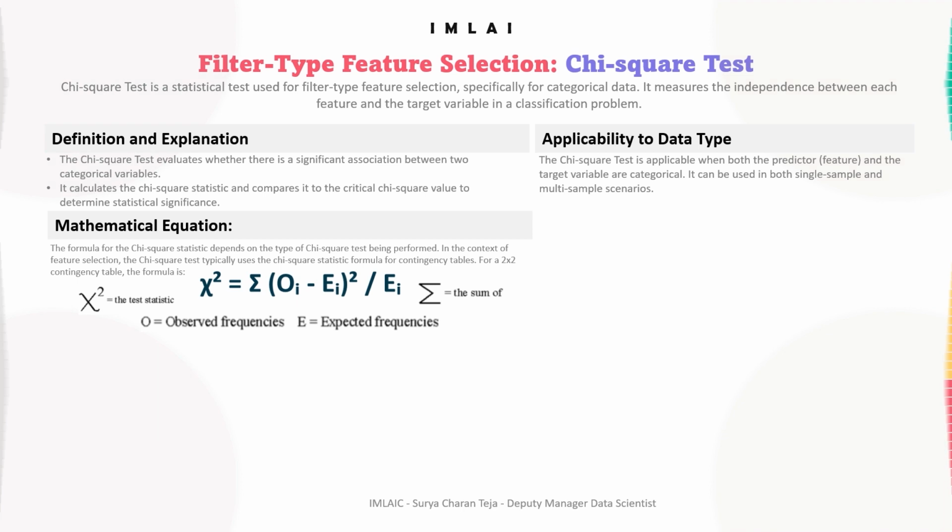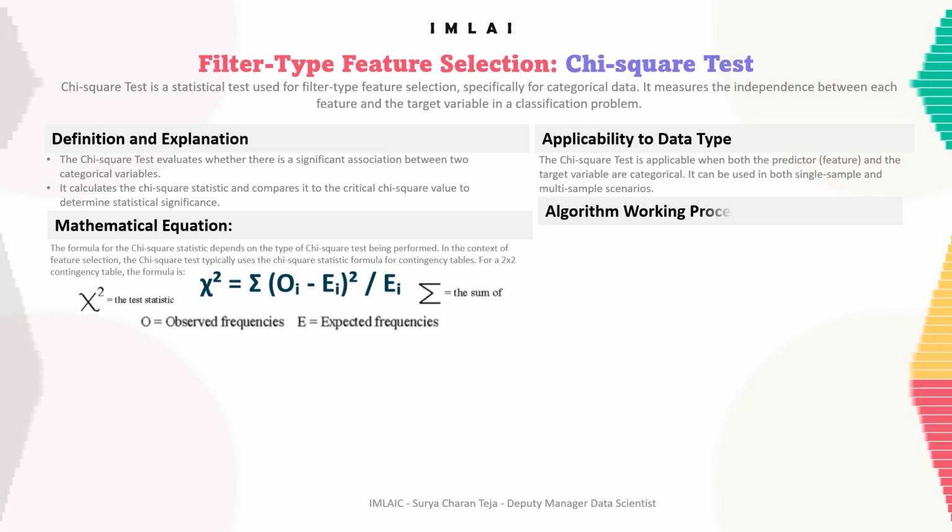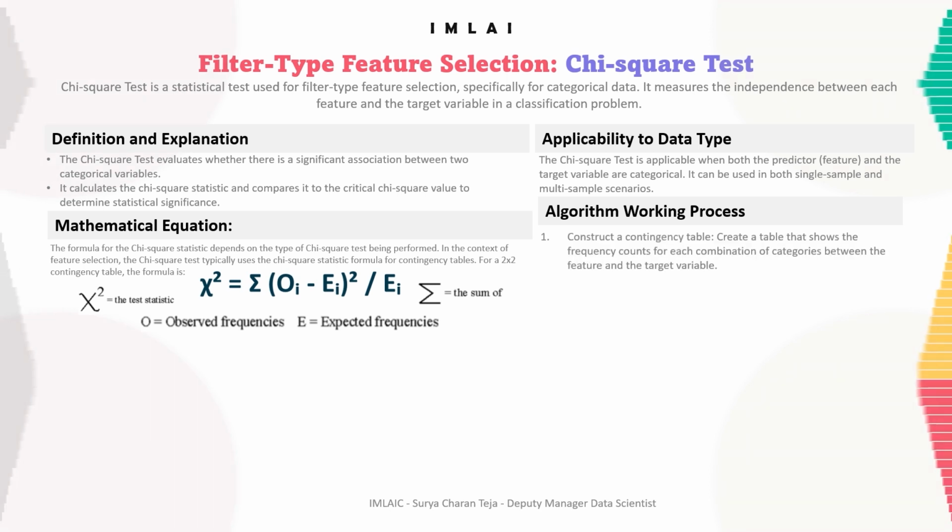Okay, now let's look into the working procedure of the algorithm. First, construct a contingency table, a table that shows the frequency counts for each combination of categories between the feature and the target variable.